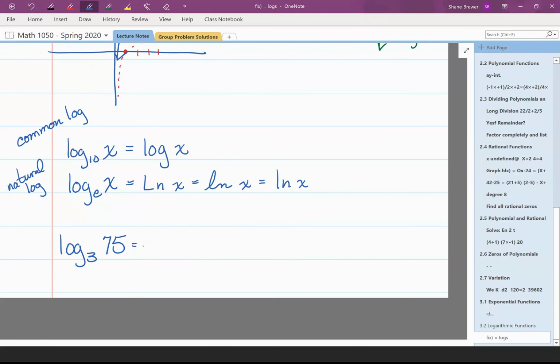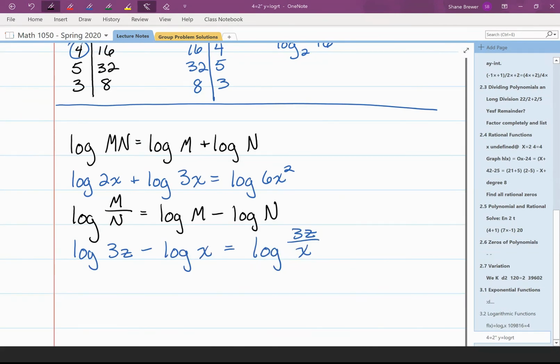Okay. All right. Then the last property we have is this: if I have the log of something raised to a power, I can rewrite it like this. The power can come out, it just kind of floats out to the front and becomes a coefficient.